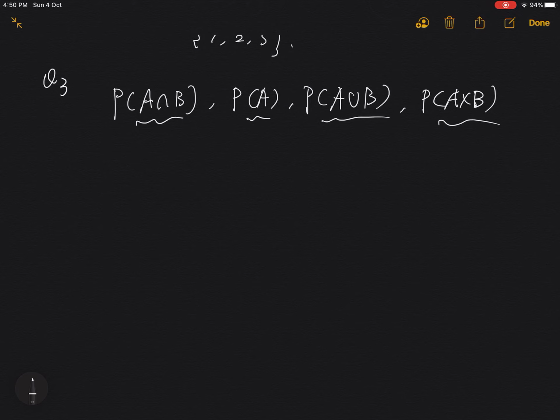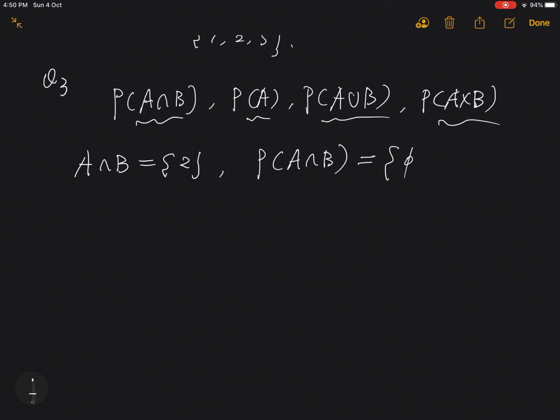Okay, so the intersection of sets A and B is {2}. So the power set of this set would be the empty set and itself.